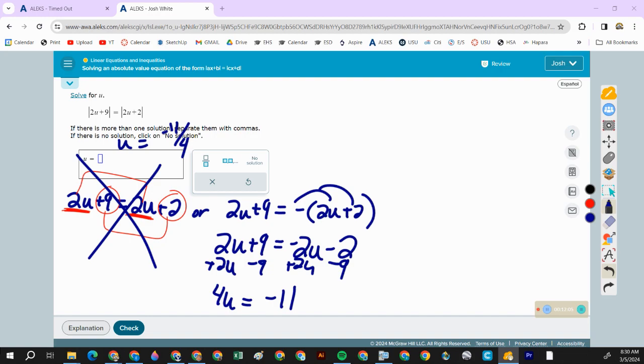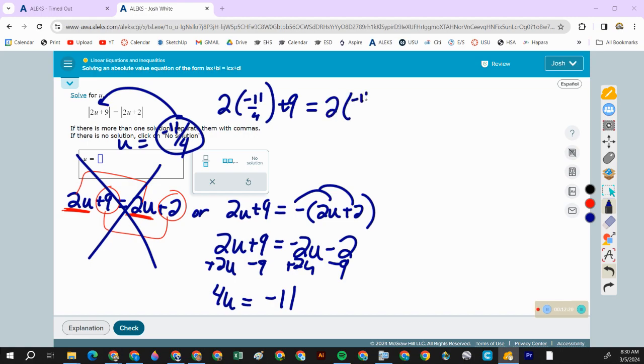So what if we tried that? So let's plug this in and see what happens. So 2 times negative 11 over 4 plus 9 is equal to 2 times negative 11 over 4 plus 2. So this cancels that, and I get negative 11 over 2 plus 9 is equal to, this cancels that, I get negative 11 over 2 plus 2.